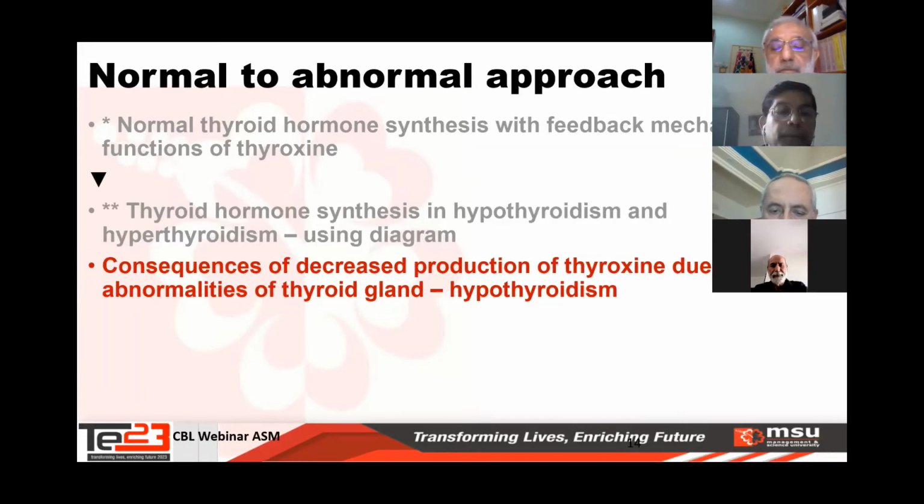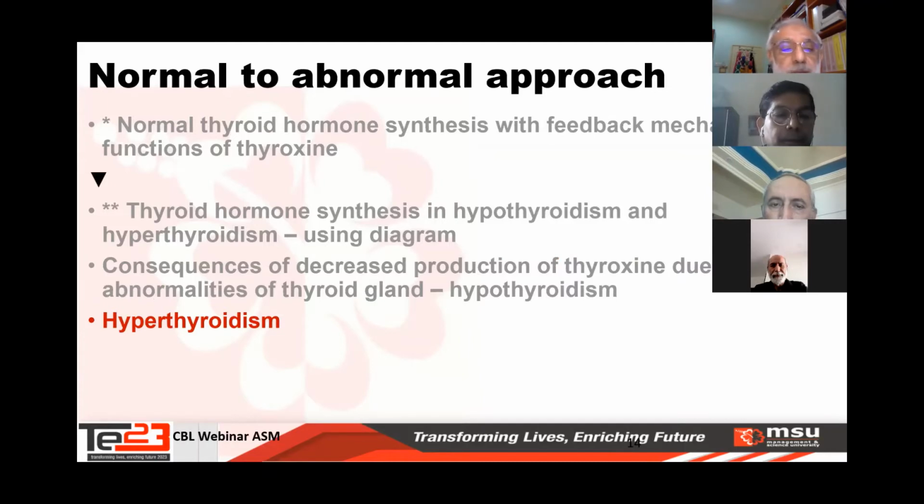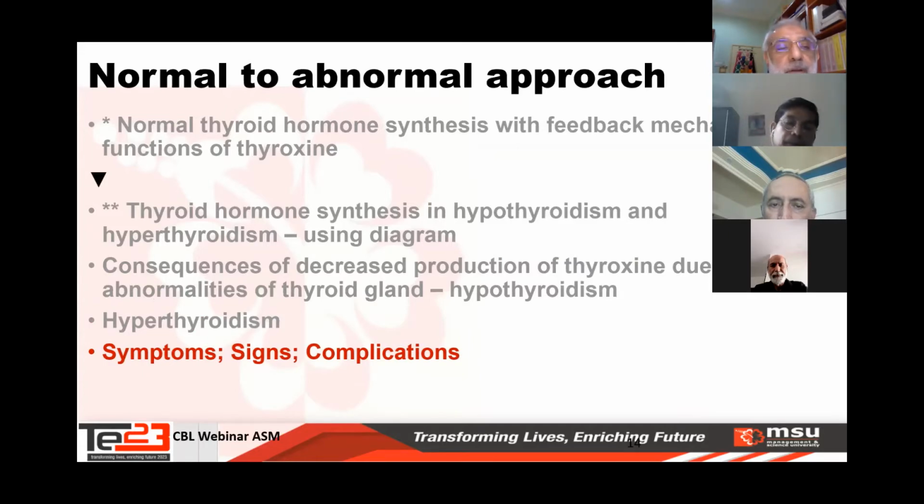So a situation of hypothyroidism and a situation of hyperthyroidism, and then students are expected to conclude from there, based on the functions of thyroxine which have been taught previously and the feedback mechanism, what would happen practically in a patient, what could be the symptoms, what could be the signs, what could be the complications, and what could be the biochemical changes.